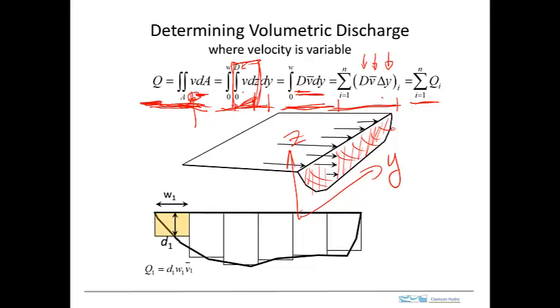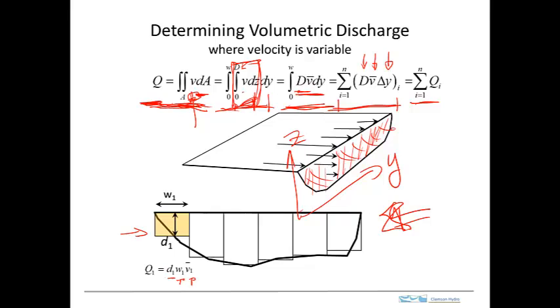We're going to take the cross section here and divide it up into blocks. So I've shown one shaded block here. And what we need to do is determine the volumetric flow rate through that block. That's going to be the average velocity there times the width of the block times the average depth, d1.